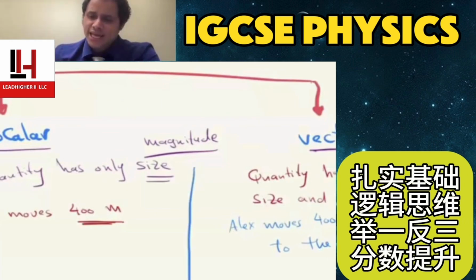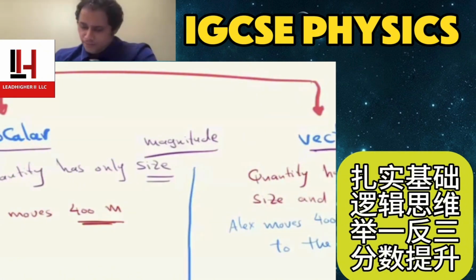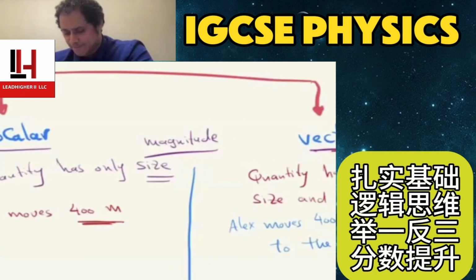Second, I need examples. So let me ask you guys, you tell me if this needs direction or not, okay? One by one, I will give you five quantities and you tell me which one is scalar, which one is vector. Mass, acceleration, density, force, our class today, and the last one is speed.